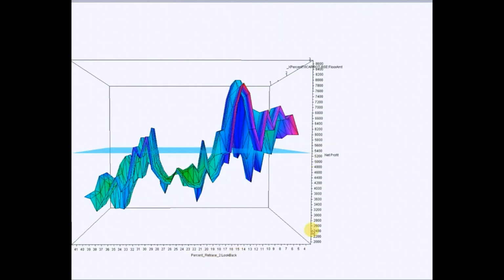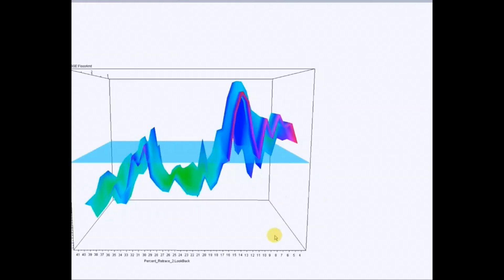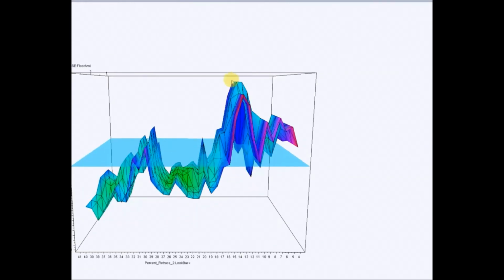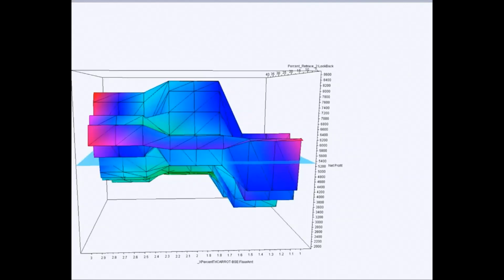The range of results is as little as 2,000 way over in the corner, and up here as high as 8,200. Clearly there's a sweet spot around 14, 13, 12 for the look back on that particular chart. Then you can rotate this way.